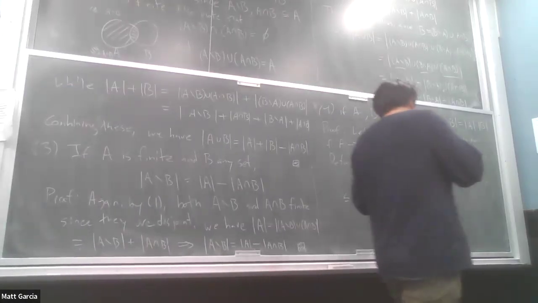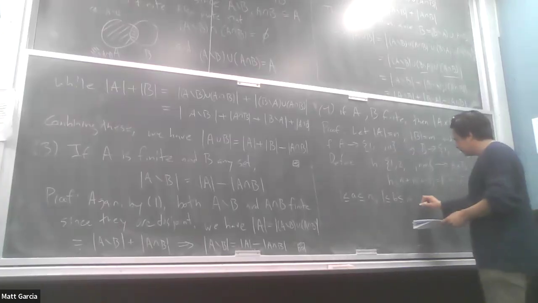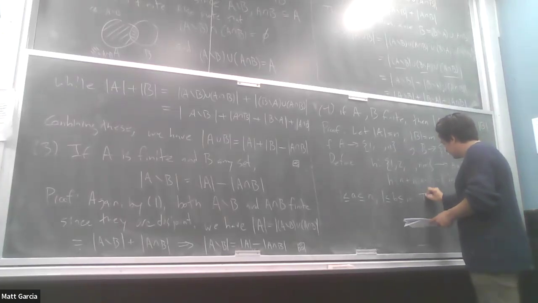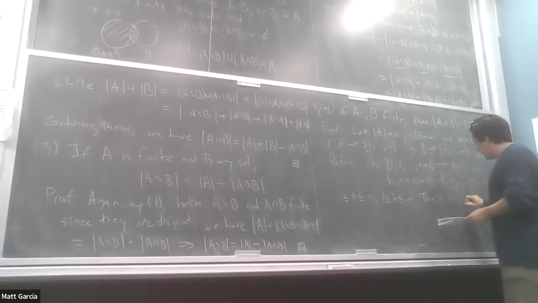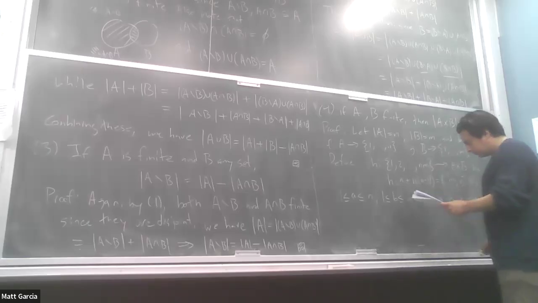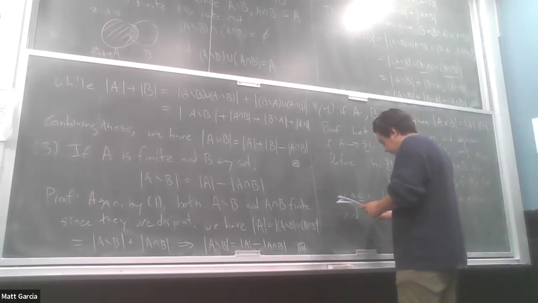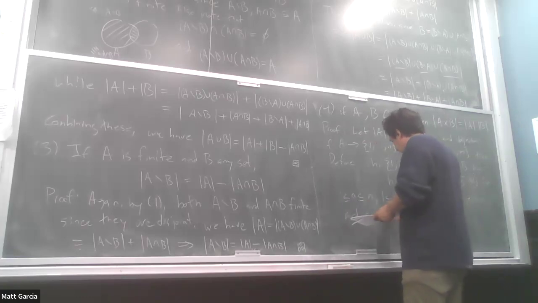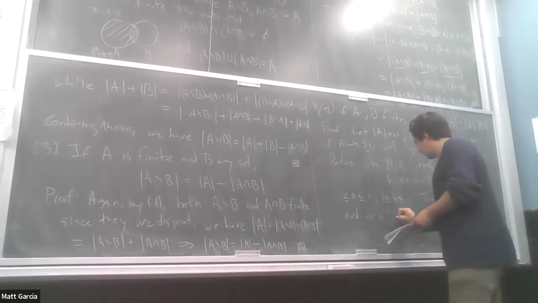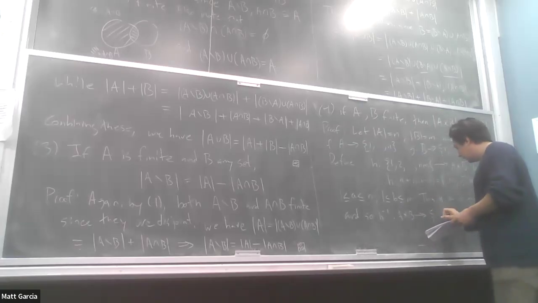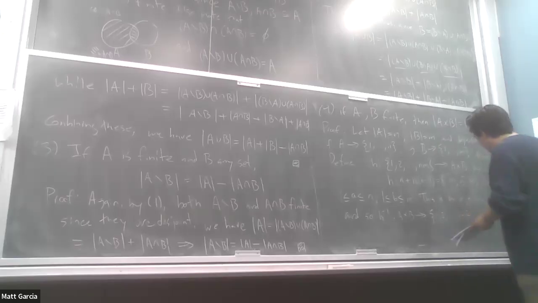So this is a bijection. And so h inverse goes from the Cartesian product of A and B onto this set of natural numbers 1 through n times m.